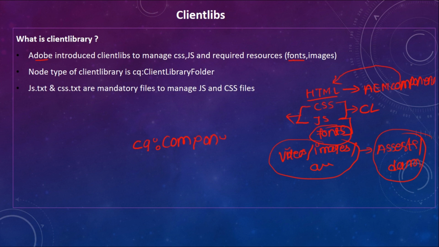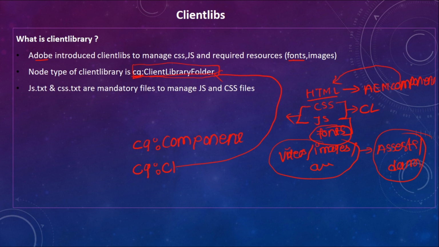In the same way, if you want to create a client library, the type is cq:ClientLibraryFolder. Here we have the option of client library folder, and here you see cq:ClientLibraryFolder. Whenever you want to create a client library, we have to choose this primary type first, otherwise your client library won't be created.